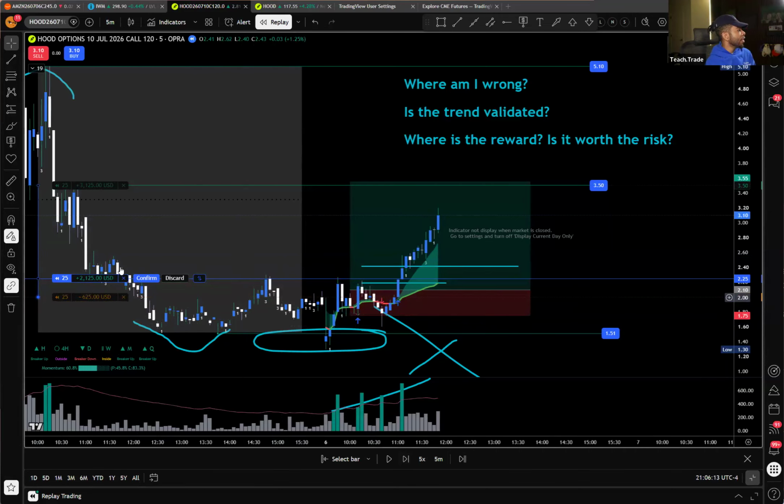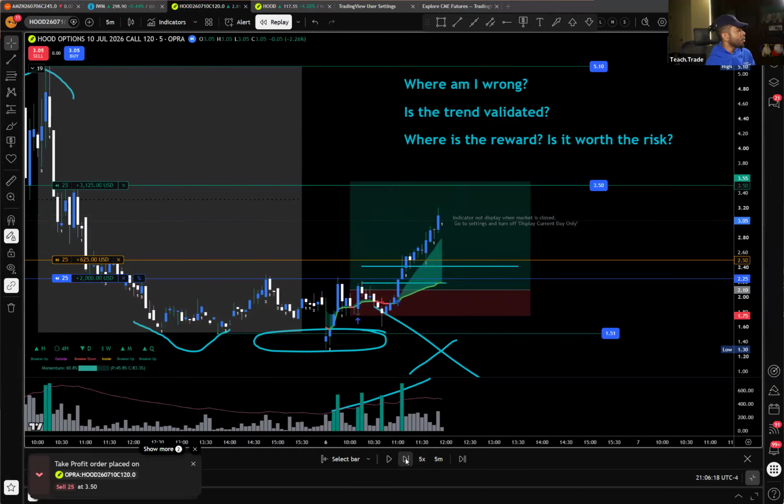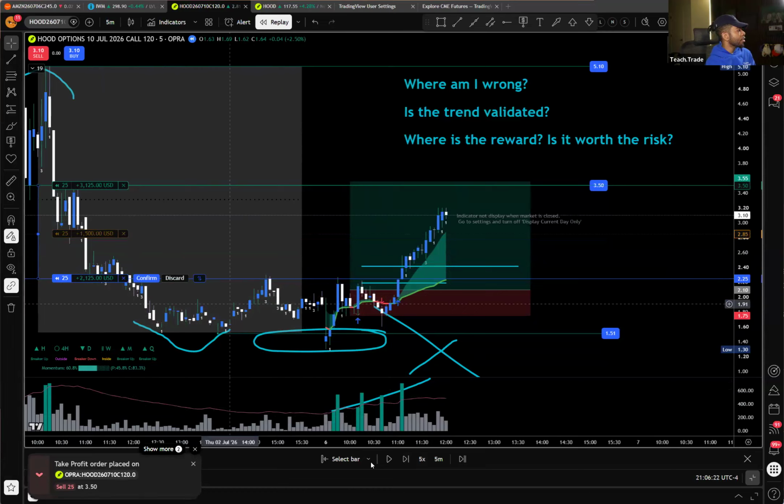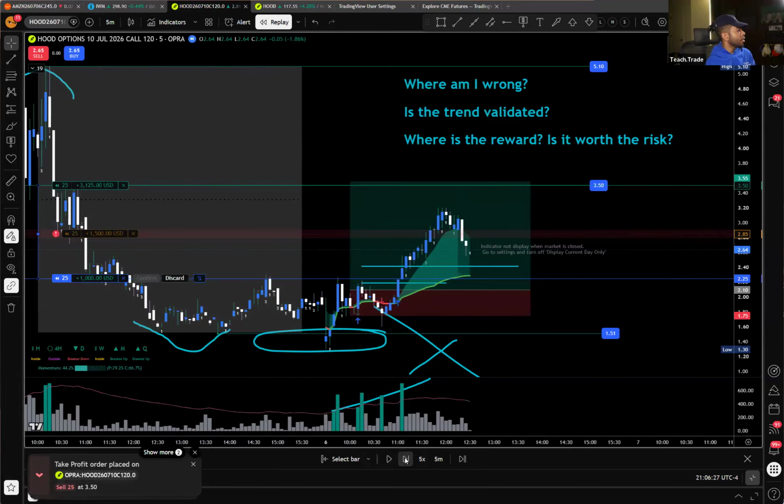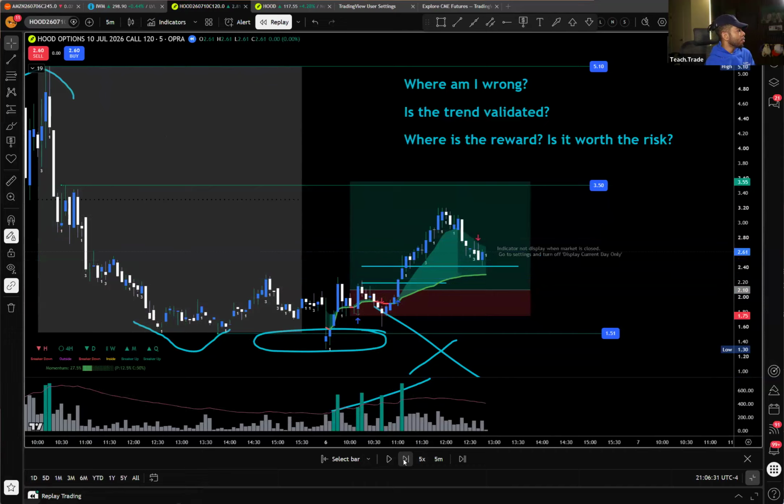But as this is now moving in our direction, we could start to move our stop loss as this is going along, managing our risk, managing our way across the trade as it's moving along, right? And then this eventually sells our trade out at that moment.